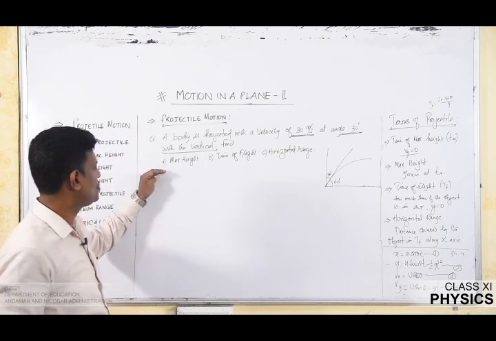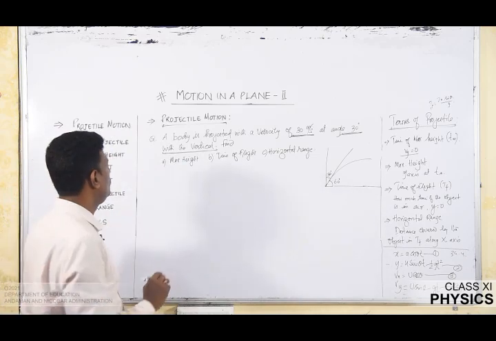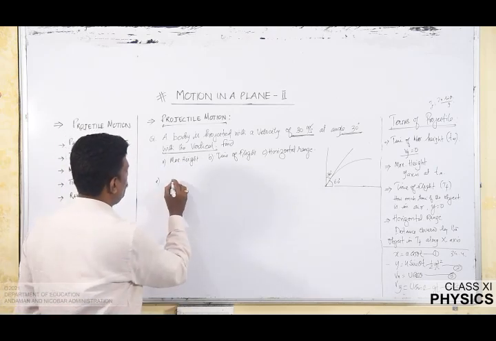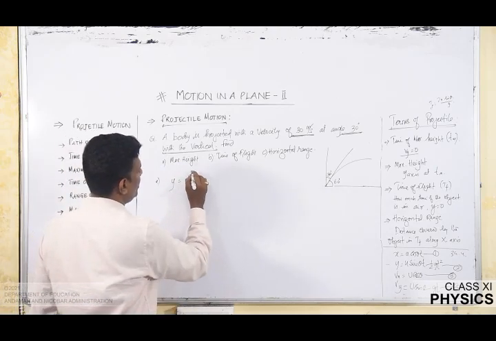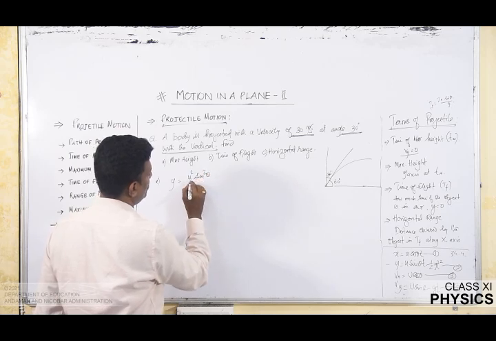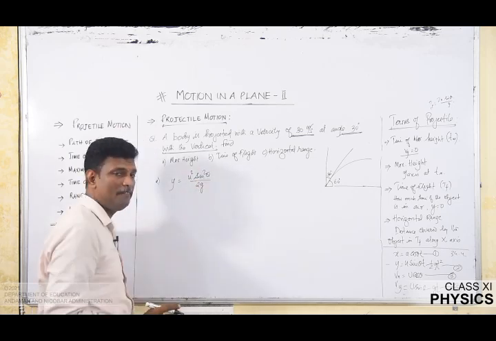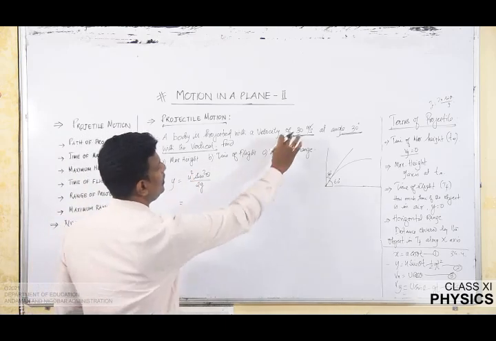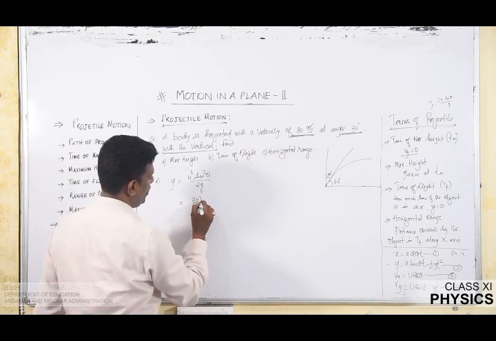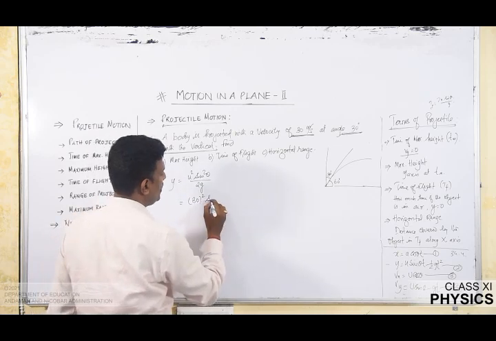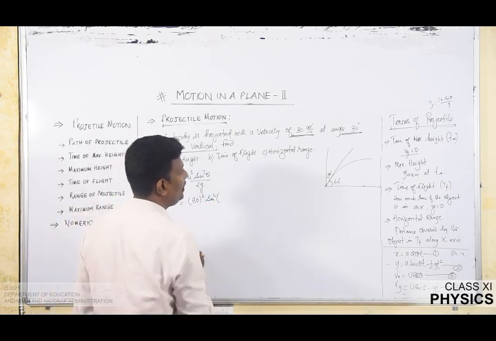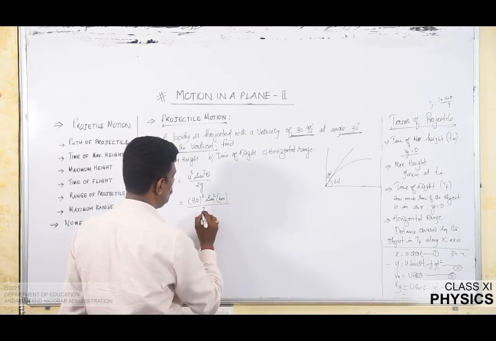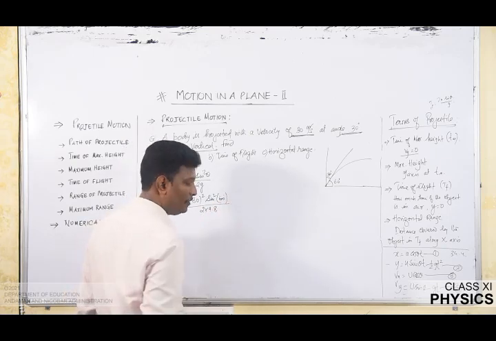Now, come to the question maximum height. So, first one is maximum height. So, y is equal to u square sin square theta by 2g. This is the formula we have discussed. Putting the value, u is 30 square into sin square theta, theta is 60 degree, by 2 into 9.8.